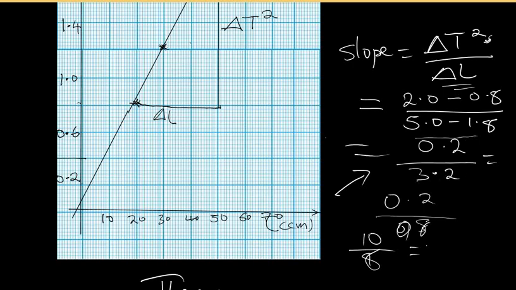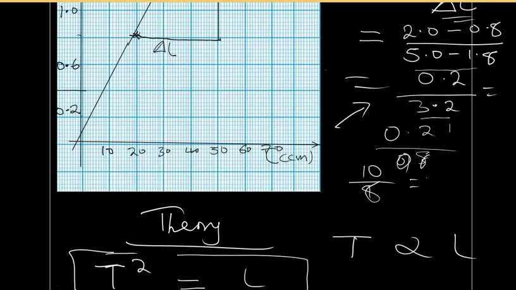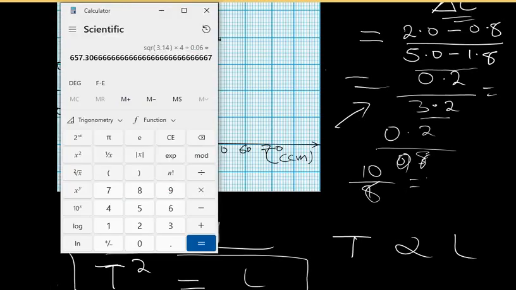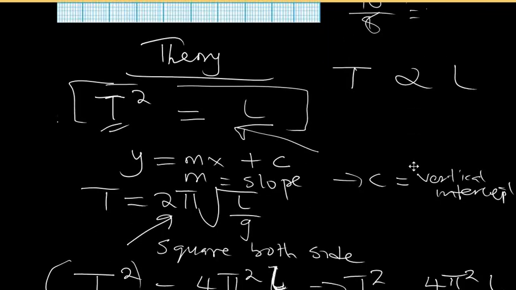So convert 3.2 cm to meter, that is 0.032. So what I'm supposed to have here is 0.2 divided by 0.032, which is 6.25. So what I'm supposed to have here is 6.25.